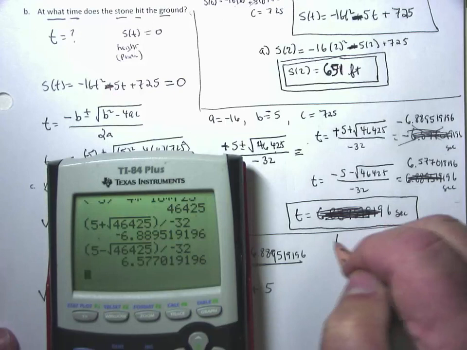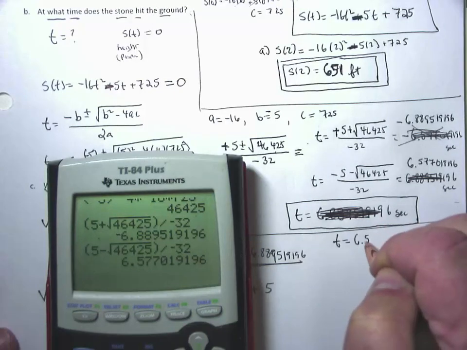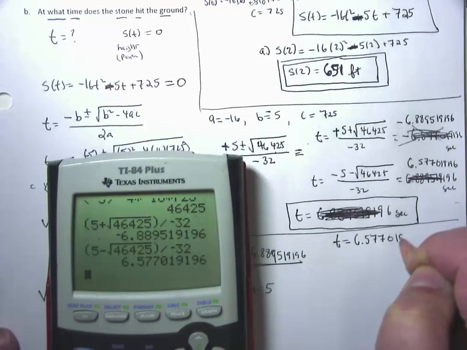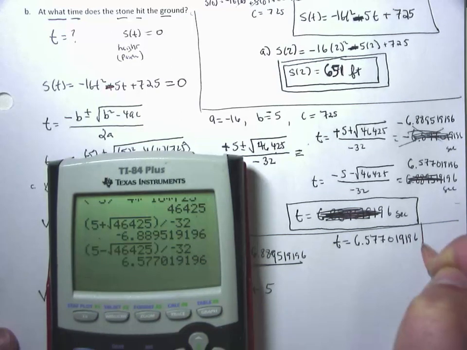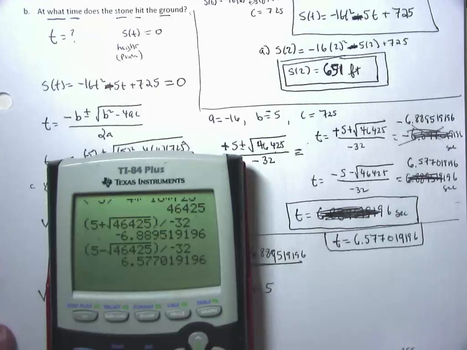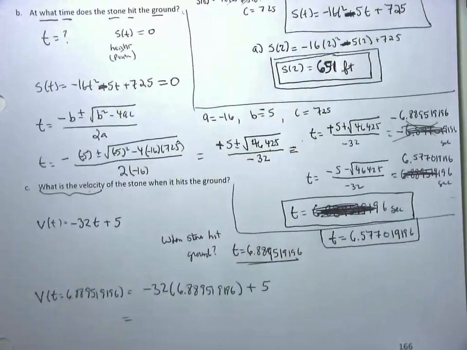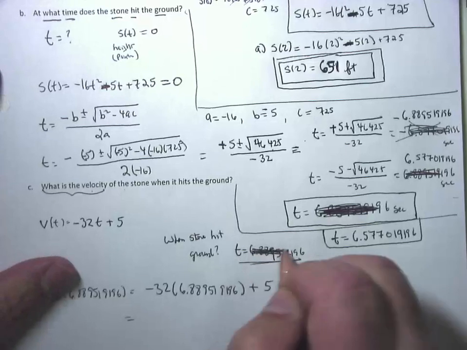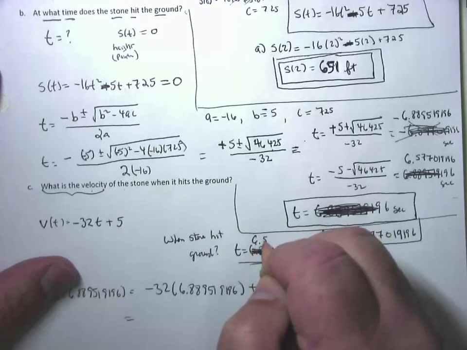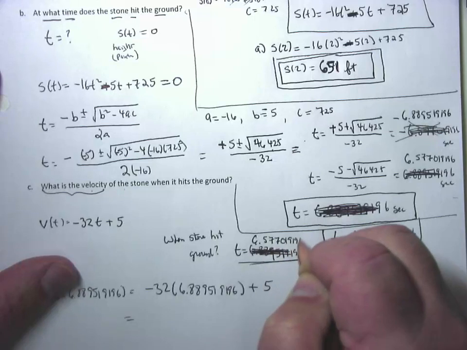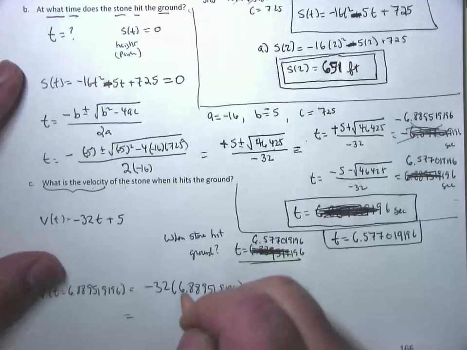It was at t equals 6.577019196, because it changed my signs there. That was my fault, because I wasn't paying attention to that initial condition when going down. So now, when does the stone hit the ground? At 6.577019196.